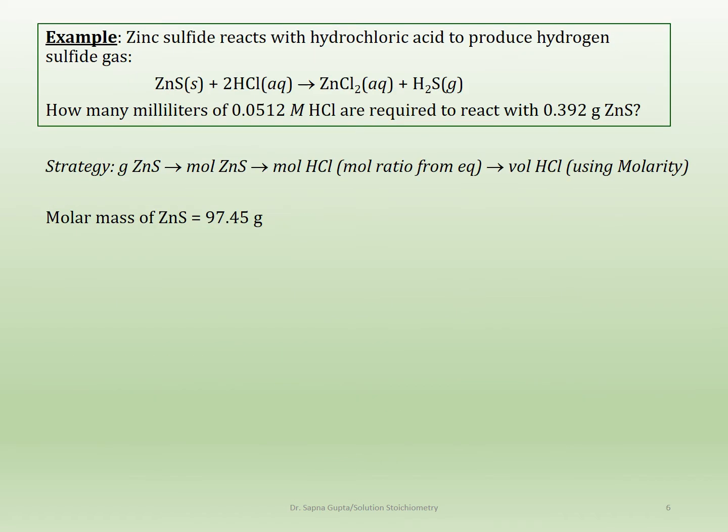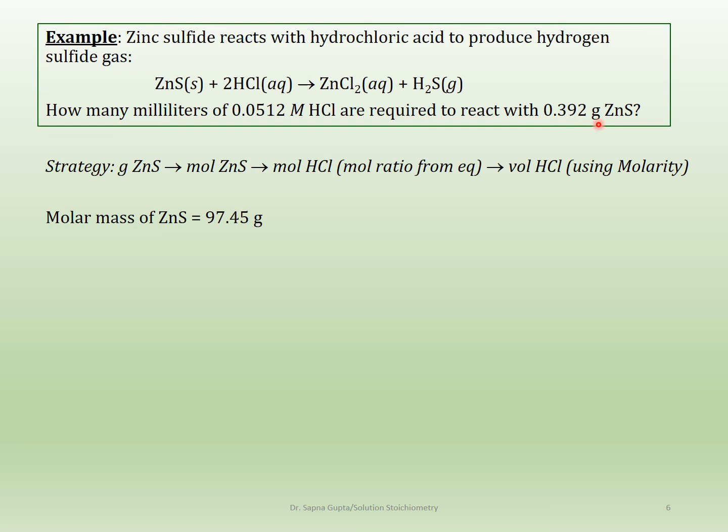Another problem: zinc sulfide reacts with hydrochloric acid to produce hydrogen sulfide gas. And here's the equation given to you. The question is, how many milliliters of 0.0512 molar HCl are required to react with 0.392 grams of zinc sulfide?